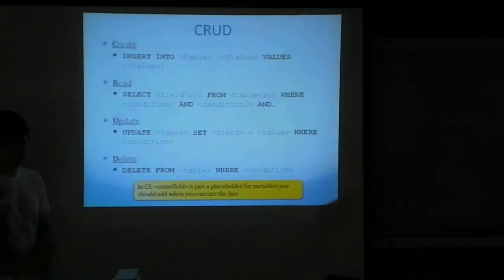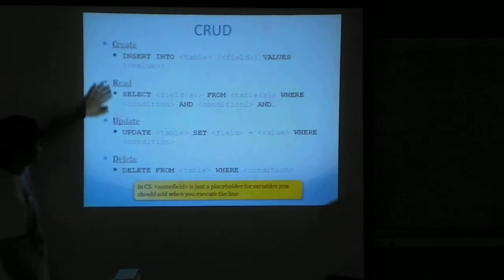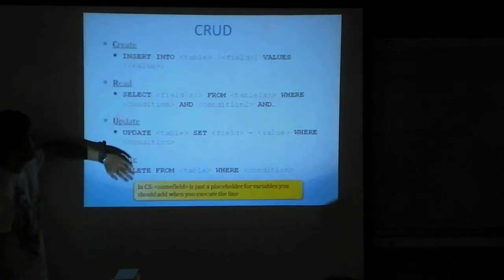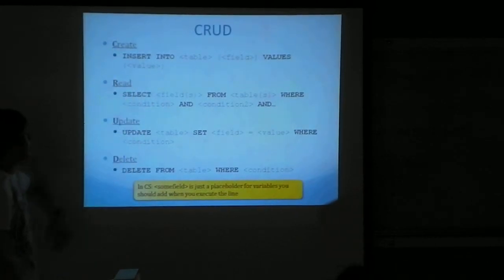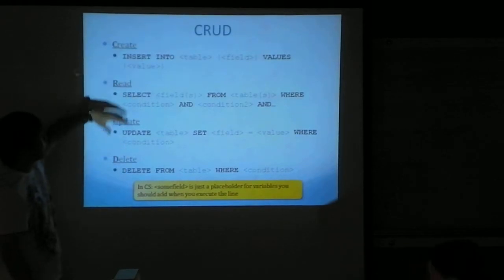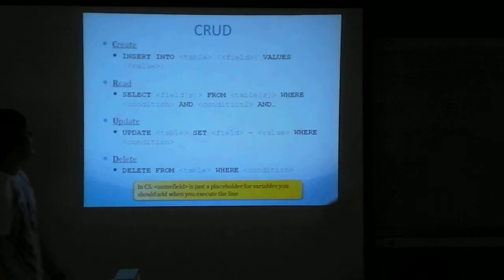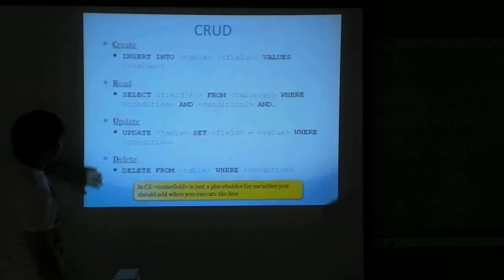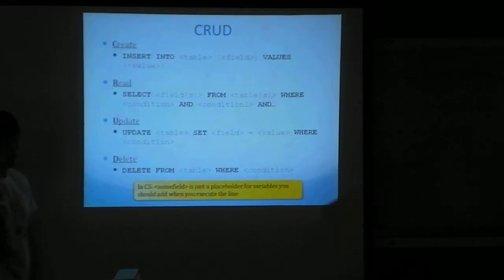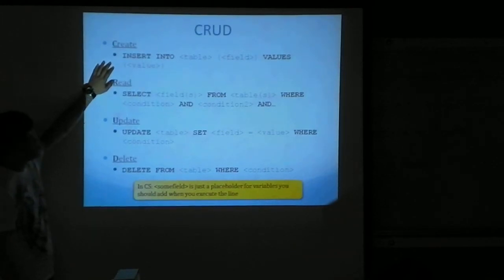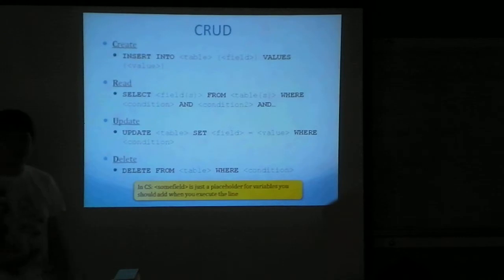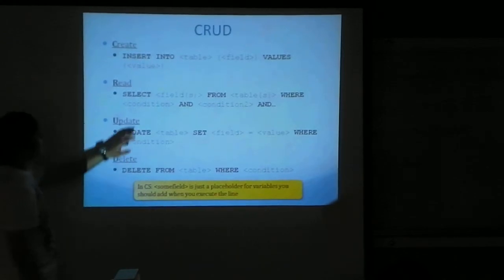In order to interact with the database, you basically need these four types of statements. Together, they're all called CRUD, and it stands for create, read, update, and delete. With databases, create allows you to insert new rows into the table. The syntax works like this.